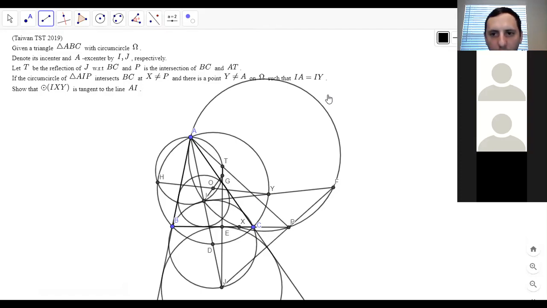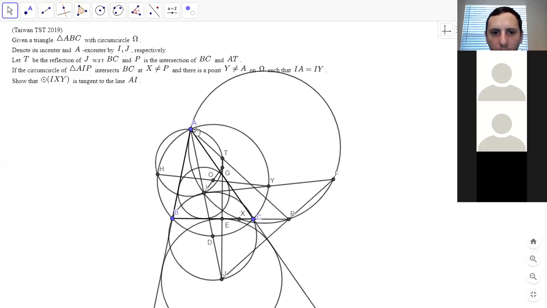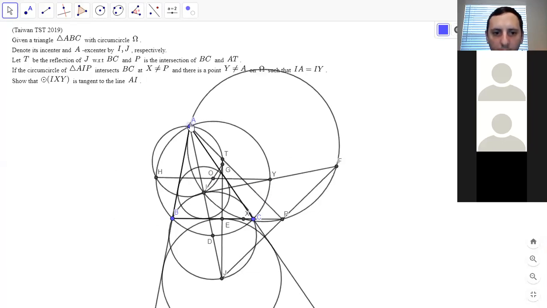The center of IXY lies on it. Is OH equal to OY? Yeah, I mean, basically, I think H, O, and Y are collinear. And if that's true, since O is the center of the circle, then we would have OH equals OY.